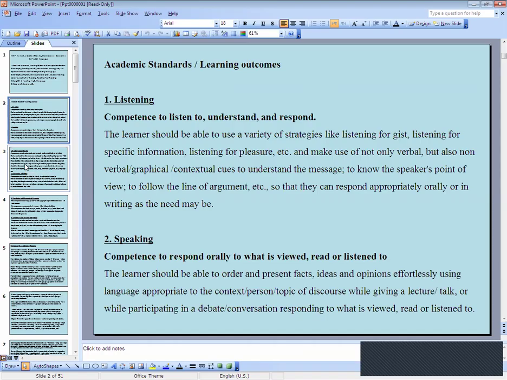Now coming to the listening. Under the listening academic standard, the main concentration is to understand and respond to what you have listened. So here the competence to listen and understand and respond is given.